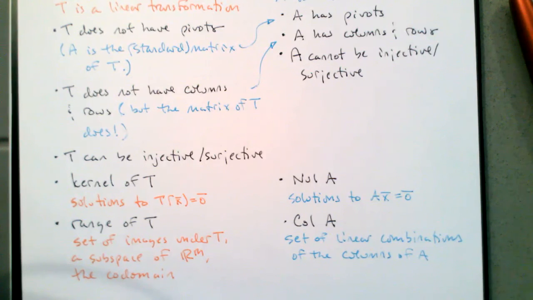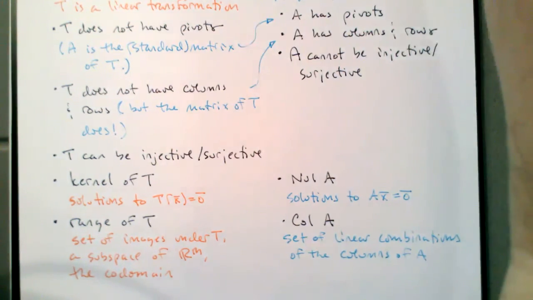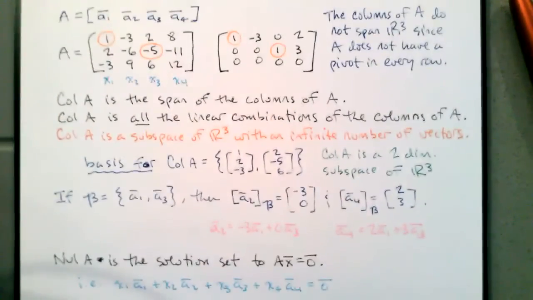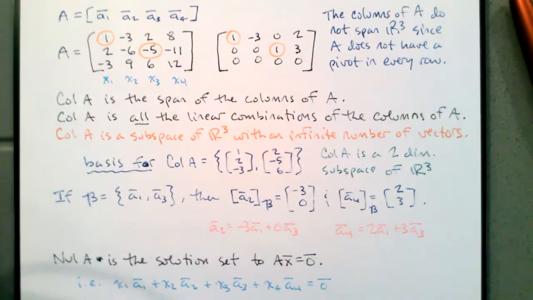Any questions? So these are all things that go together. One useful exercise might be to reframe this problem, or not, this wasn't a problem, I didn't actually do anything here. But take this matrix and say, this is the matrix of a transformation. This transformation goes from R4 to R3. We can see that the matrix of the transformation does not have a pivot in every row.